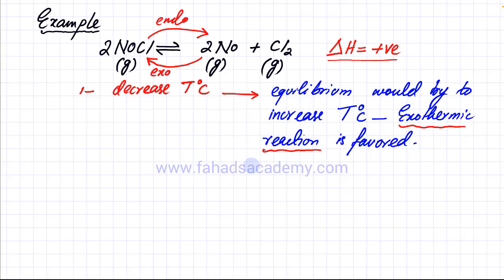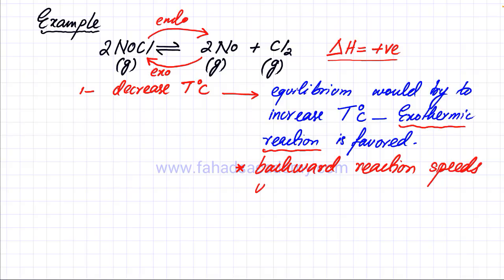So we're going to write that the backward reaction speeds up compared to the forward reaction. It doesn't mean that it's actually speeding up. It just means that the backward reaction is faster compared to the forward reaction.